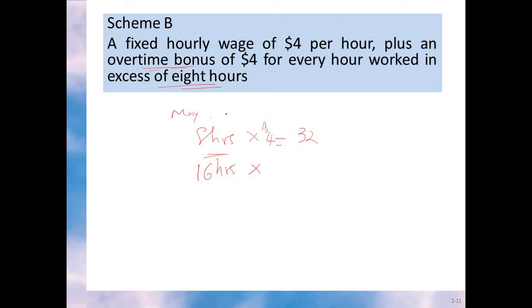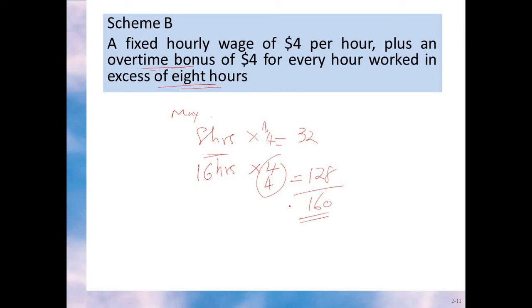Because when we say overtime, normally we get the normal pay plus the 4 that is offered, meaning that the 16 hours should be multiplied by 8, right? So 16 multiplied by 8, you get 128. Plus the income during the normal hours, then we get 160.